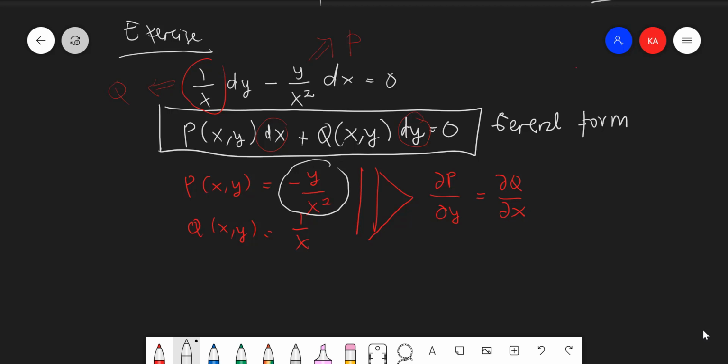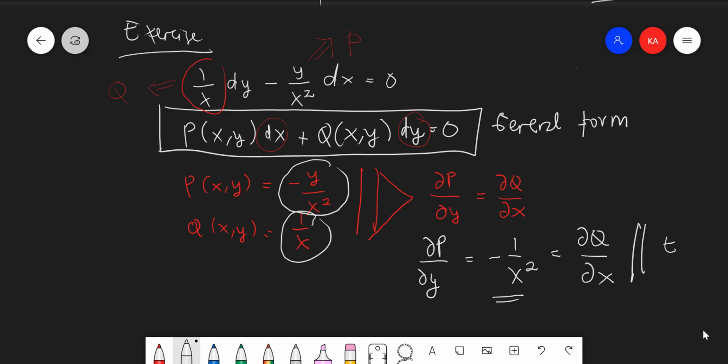So we get that dP/dy, differentiating over y, y becomes 1, so this becomes 1 over x squared. Okay, so it must equal dQ/dx. Yeah, if you differentiate this one, you get the same value here. Okay, so the ODE is exact.